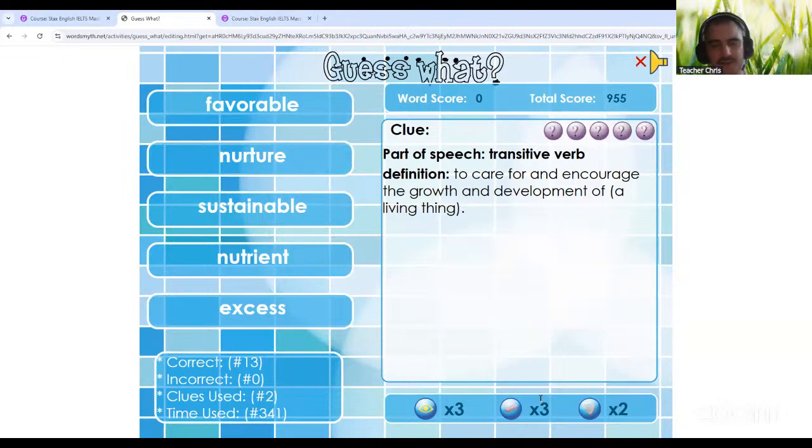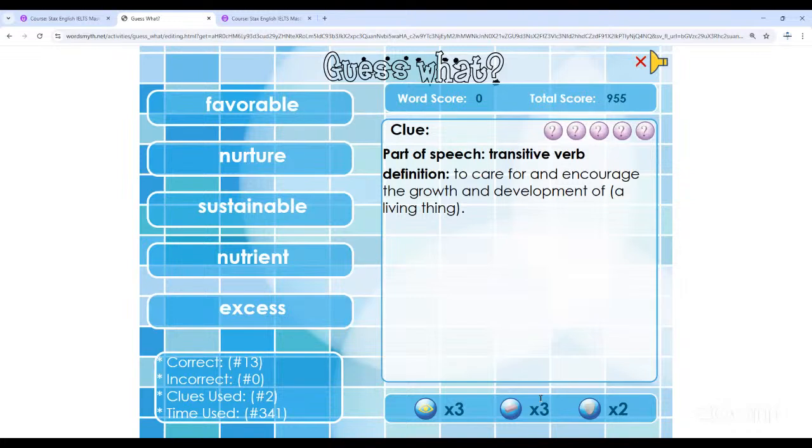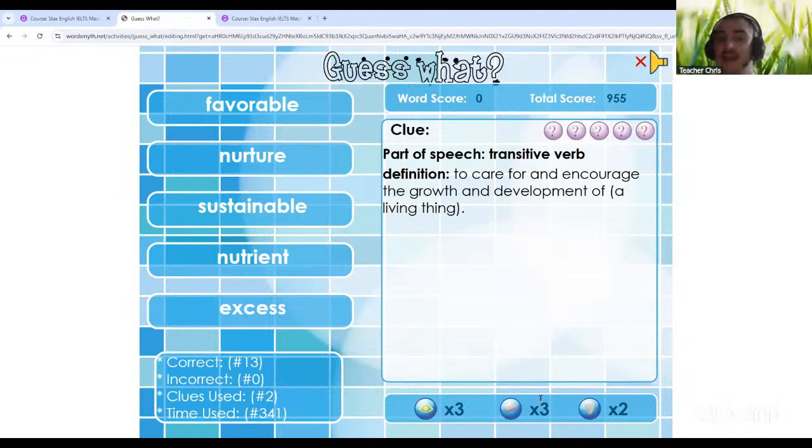All right, very good. Transitive verb now, to care for and encourage the growth and development of a living thing. This is a verb. Excess. It's not excess. Excess is actually an adjective. So this is a verb.